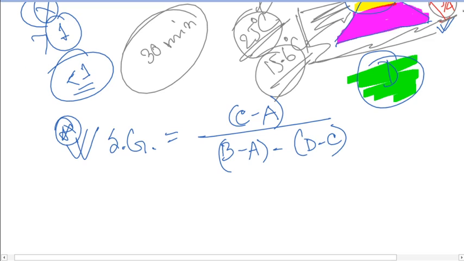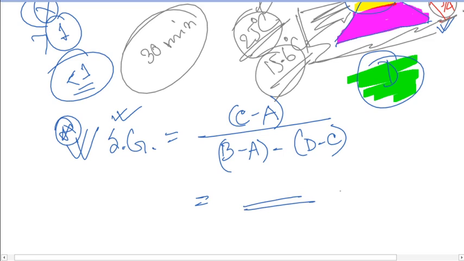This is the specific gravity of the bituminous material, and the formula is there with A, B, C, D, which you know; I need not mention what all these mean again. You will get a value of specific gravity, and you need to round it up.